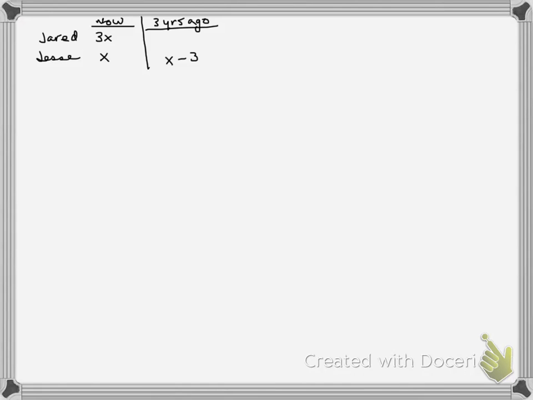So I'm going to take this value here, and every time I see the x, I will now plug in the new expression for the x. So it would be 3x minus 3. Okay? So if this was x going up to 3x, this would be 3 times what Jesse was then.